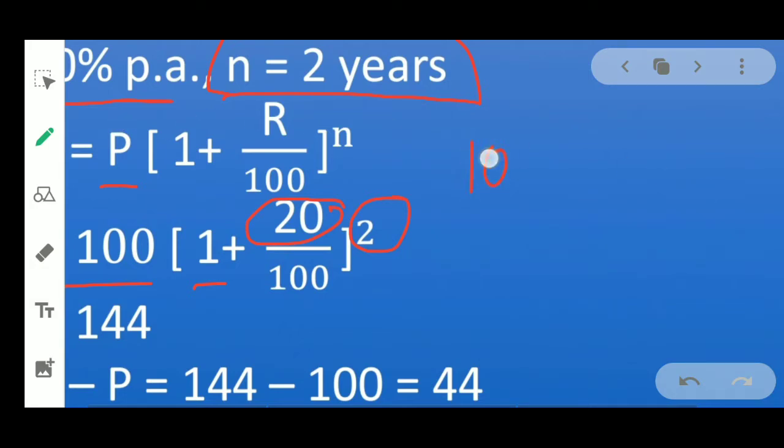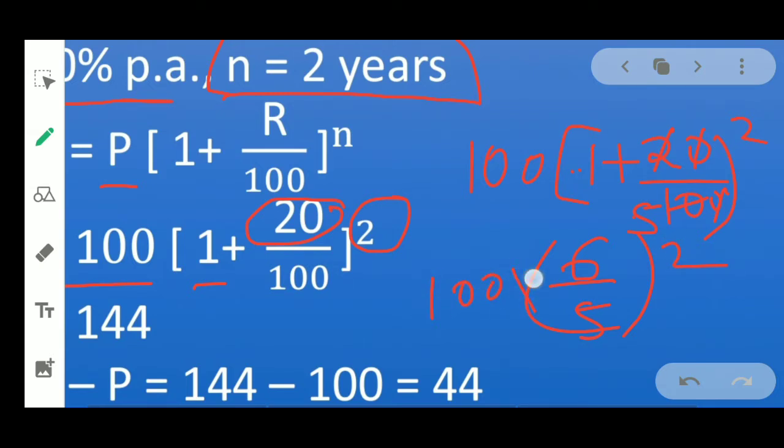This is 100 into (1 + 20/100) whole to the power 2. Here the zeros will be cancelled, and dividing 10 by 2, it will be 5 into 1 5, then 5 plus 1 is 6. So this is 6 by 5 to the power 2.